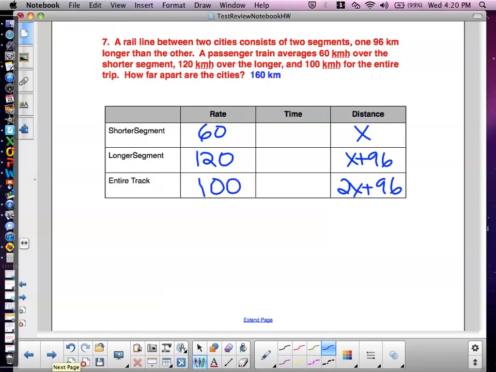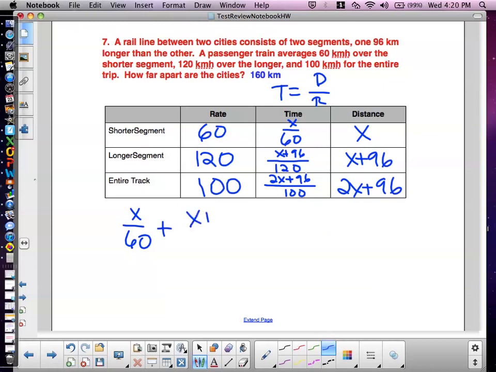So if I set up my time column, since time's not mentioned, and remember time is just d over r, my time on the short segment plus my time on the long segment would equal the time it takes me to cover the entire track.